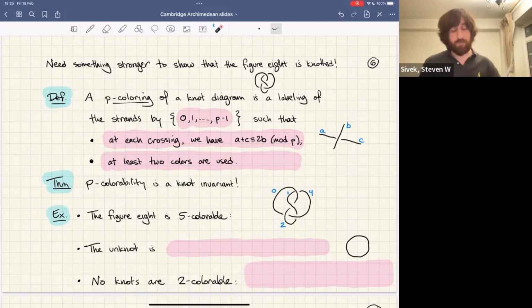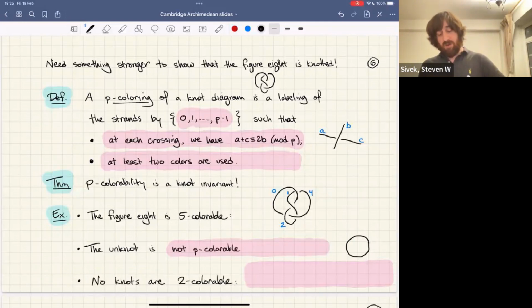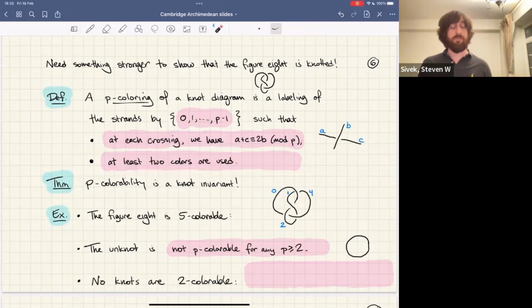So it's 5 colorable. We wanted to show that it's knotted, and the nice thing is that the unknot is not p colorable for any p, let's say greater than 1. And the reason is, again, you look at this diagram over here of the unknot, and it's only got 1 strand, so you can't use 2 colors or more on that.